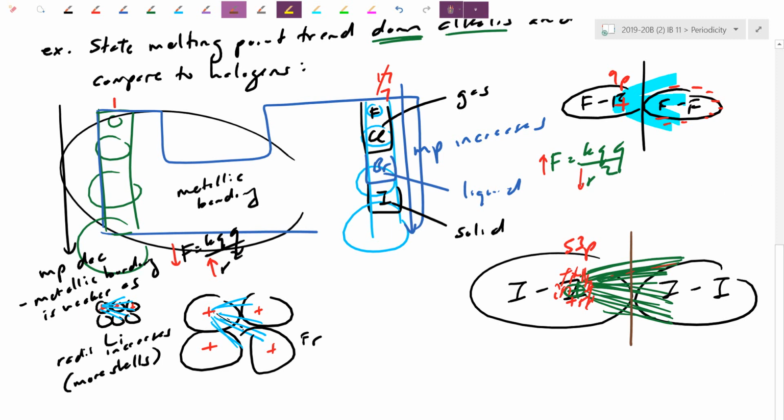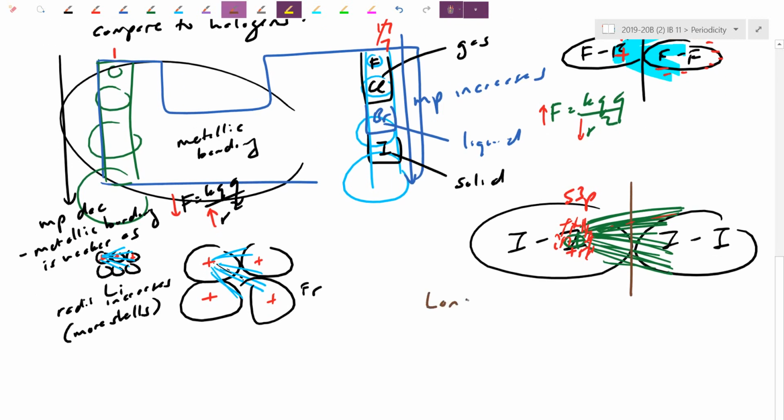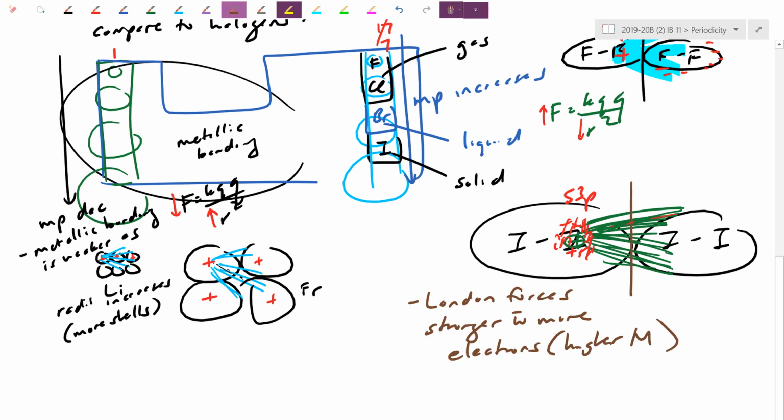So yes, increasing radii should have meant the force is weaker, but because these guys use London forces, you can use the terminology here and quote the type of force. Halogens do London forces. London forces are stronger with more electrons, and usually we measure the number of electrons by just tracking the molar mass.